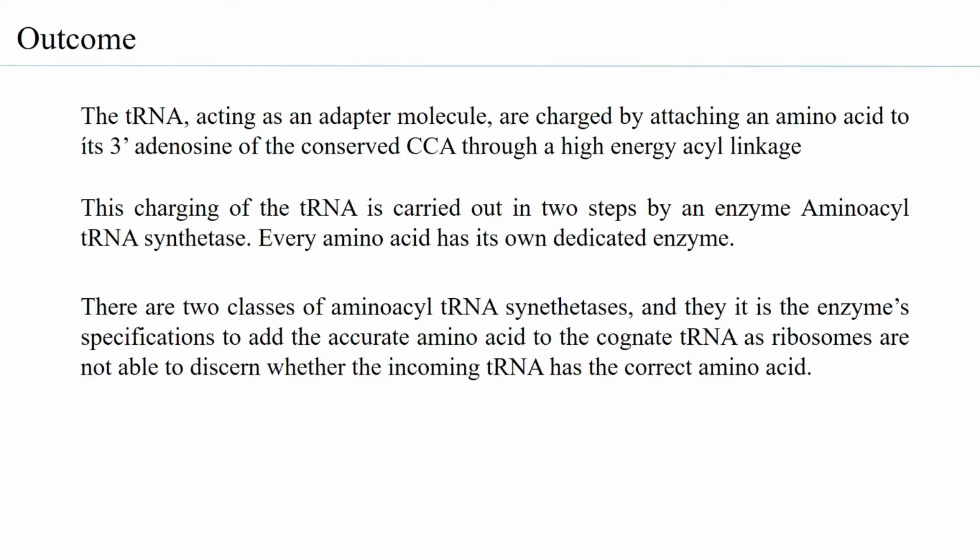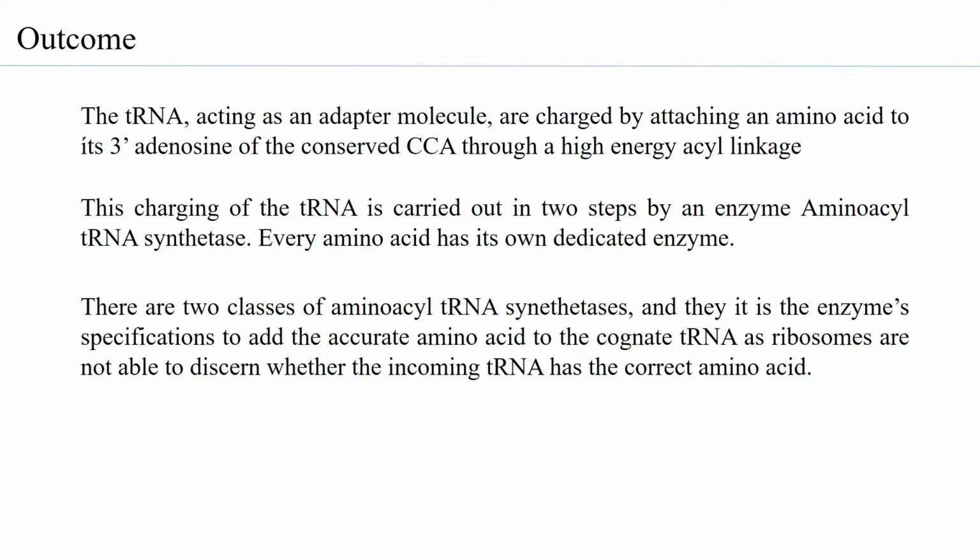There are two classes of aminoacyl-tRNA synthetases, and it is the enzyme's specificity to add the accurate amino acid to the cognate tRNA, as ribosomes are not able to discern whether the incoming tRNA has the correct amino acid.